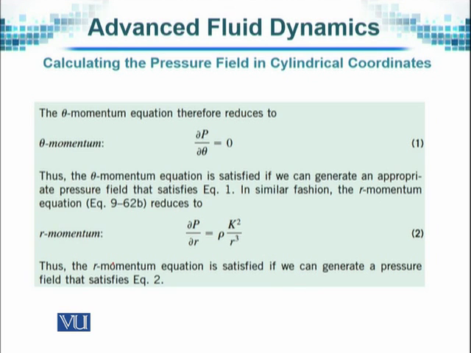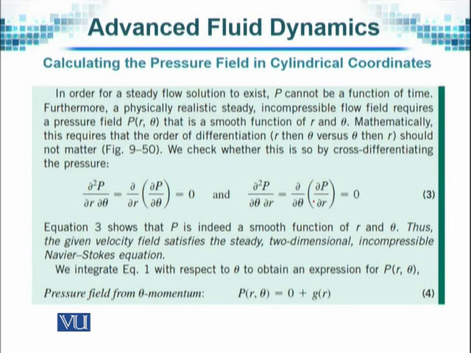In a similar fashion, I find the r component, and from the r component I obtain this equation. So, as was the case in the rectangular coordinate example, we are left with two equations for P, and we can find the value of P if we integrate with respect to theta, and we can find the value of P again if we integrate with respect to r. The second derivatives, of course, are 0.